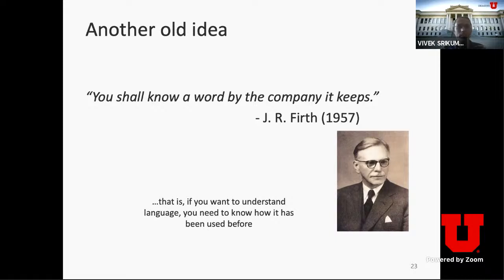What this means is, if you really want to understand a word, you need to understand the context in which it is used. A side effect of that is, if you have two different words that seem to appear in the same context all the time, they share aspects of meaning. In other words, you don't really have to have rules of grammar and such things. You just have to look at the co-occurrences of words.